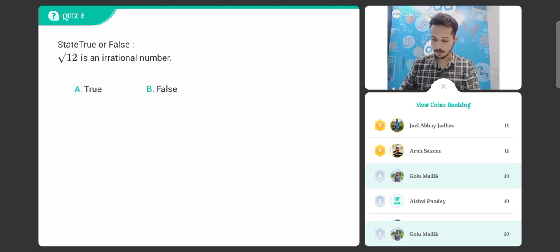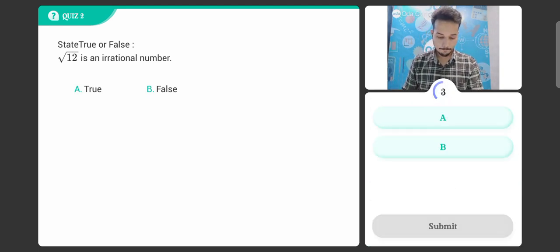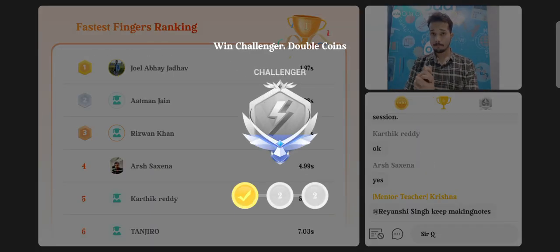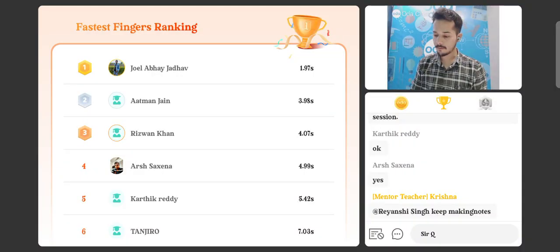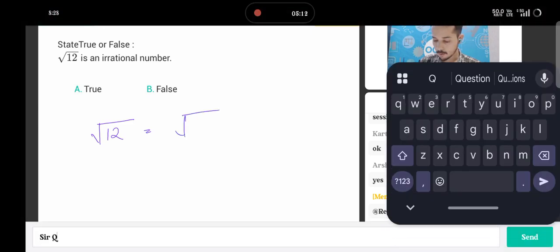Done? Okay. Now, students, let me tell you where you made the mistake. These are concepts of grade 8. Root 12 can be written as root of 2 into 2 into 3.